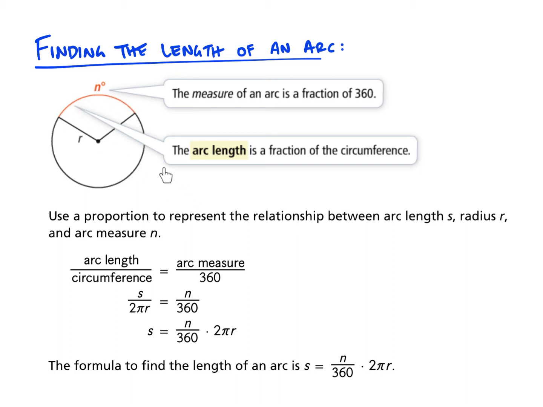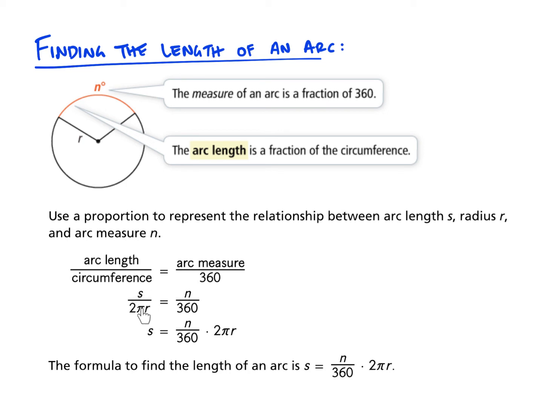And the way we can systematically figure out arc length is using a proportion. We could say that the ratio of the arc length over the circumference is equal to the arc's measure over 360. A lot of times you'll see S used as the variable to represent arc length.